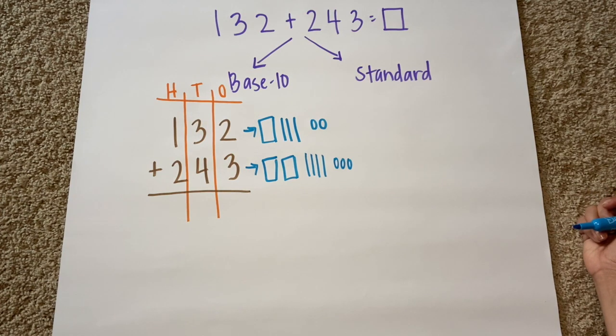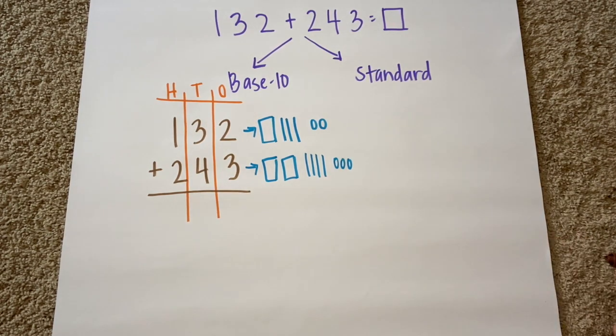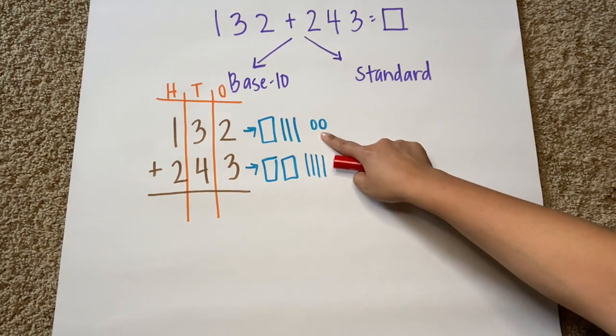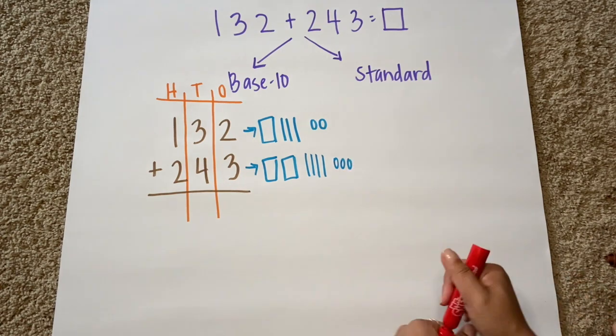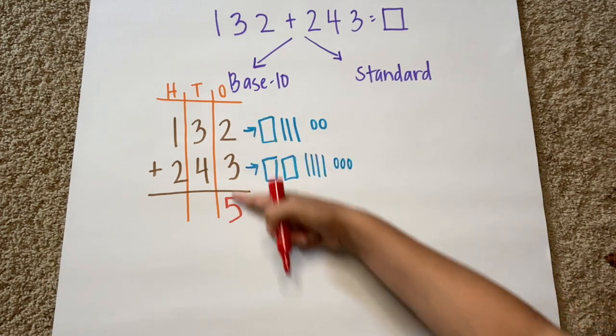Now I can add. Just like when we did 2-digit addition, we always start in the ones place when we add. Always, always, always. So let's do that now. Let's add our ones first. 1, 2, 3, 4, 5. We have 5 ones cubes, so that goes in the ones place, 5.